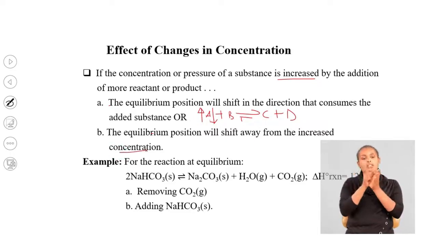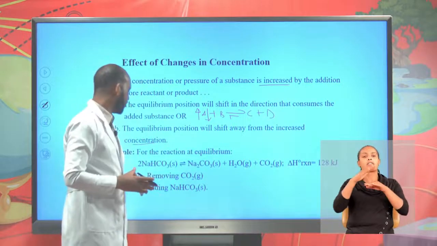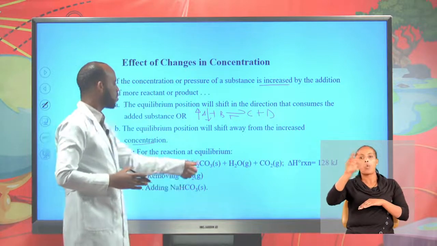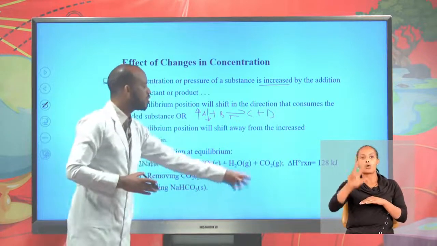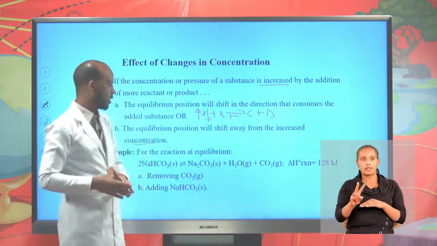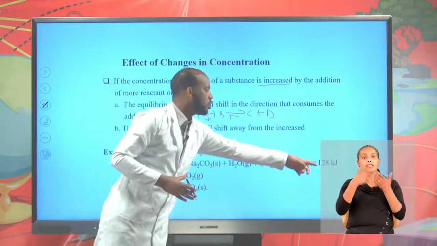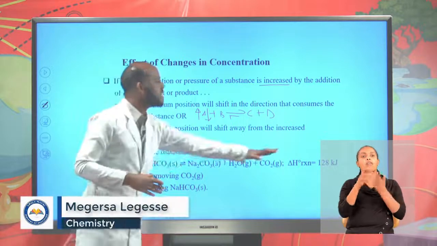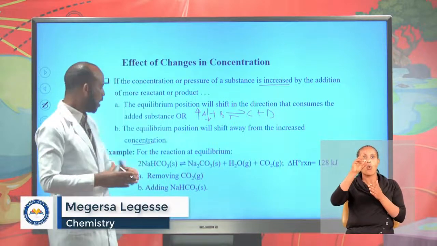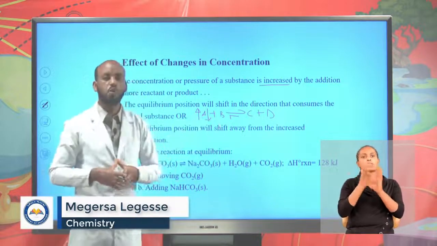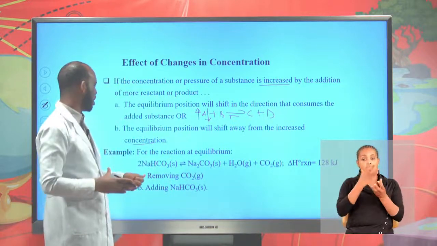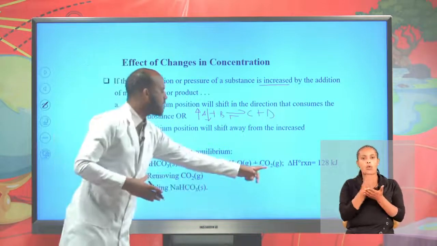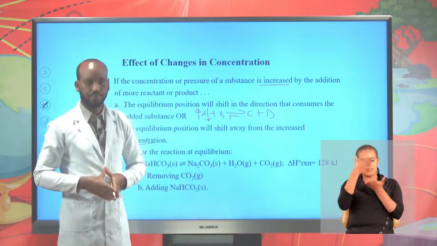For example, for the reaction at equilibrium, sodium bicarbonate in equilibrium with sodium carbonate, water and carbon dioxide gas, delta H for this reaction is 128 kilojoule. The forward reaction is endothermic. Now, what happens to the equilibrium position if the product carbon dioxide is removed?